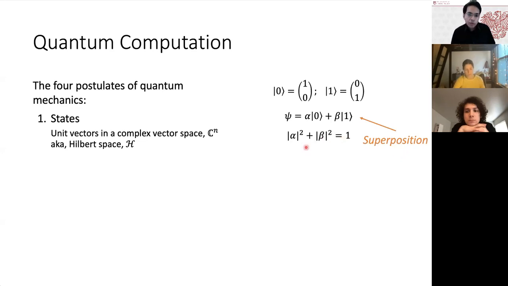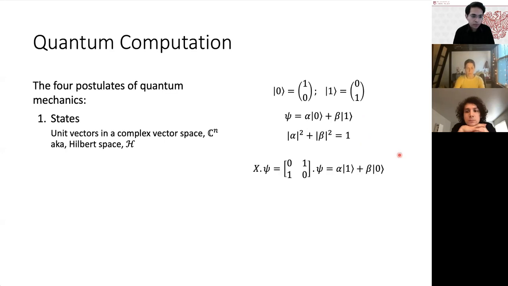Then there's a normalization condition on these alpha and beta scalars, which are complex numbers: the sum of their squares should be 1. This is where the unit vector notion comes in. It's just a constraint on what vectors are allowed in the state space.